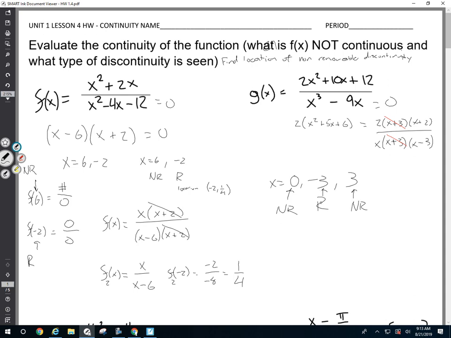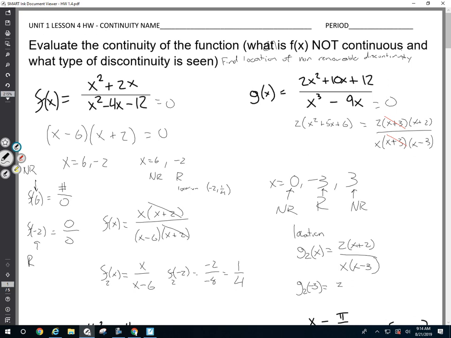Now the question is, what is the location of the removable? Well, my simplified function, g sub 2, is 2 times x plus 2 over x times x minus 3. So I plug in negative 3.